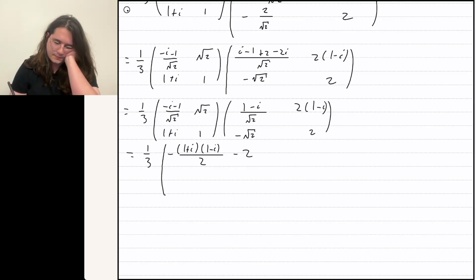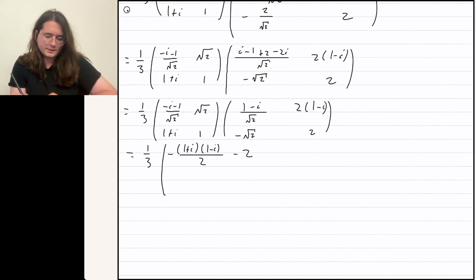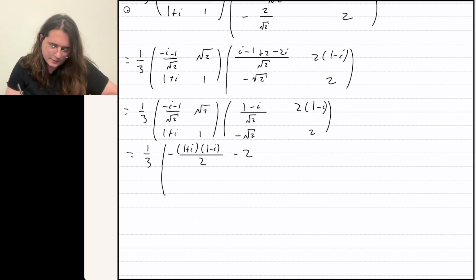And then this guy is going to be minus, oh my god, this is already getting very heady, but it is just minus sign 1 plus I, 1 minus I, 2 all over root 2 plus 2 root 2.